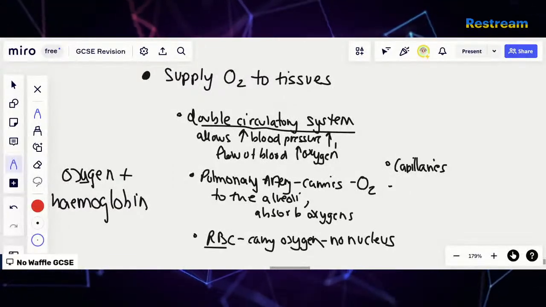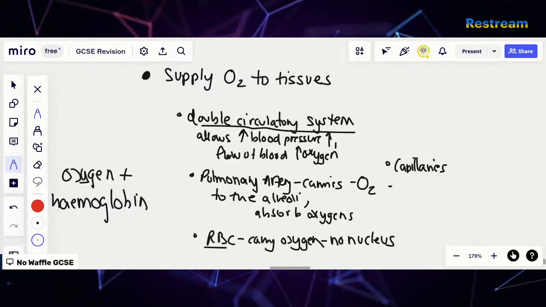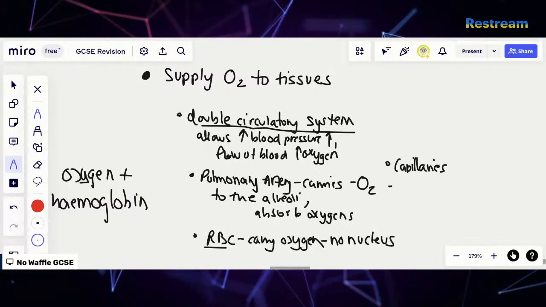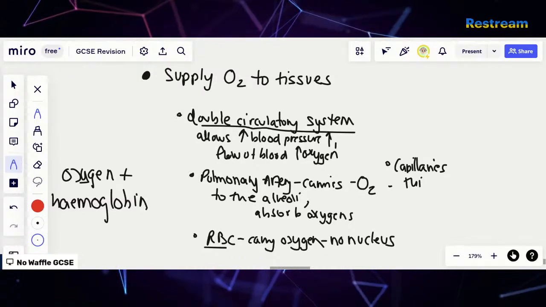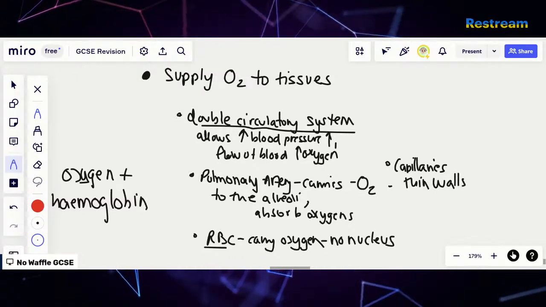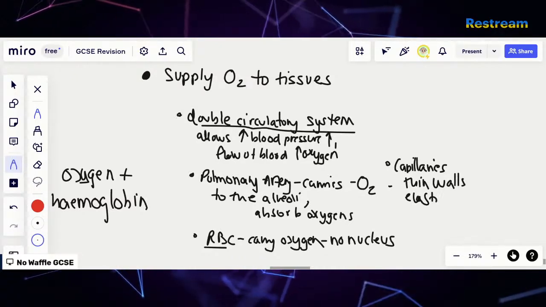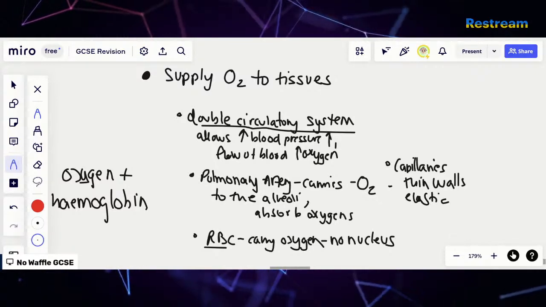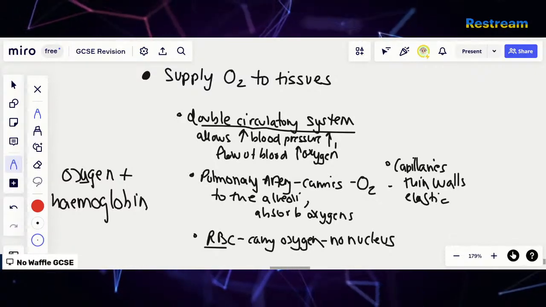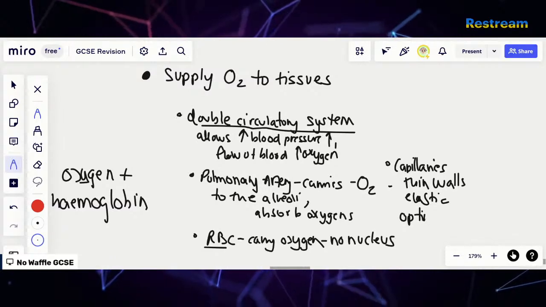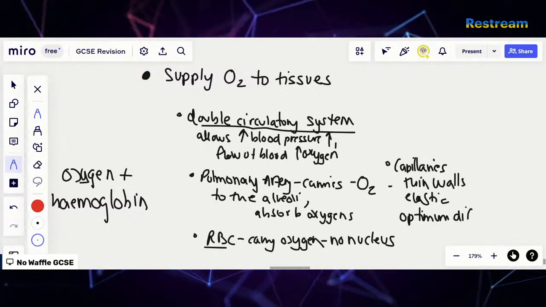But capillaries are also used for putting a lot of substances into the blood. So they have thin walls, elastic, and this allows for optimum diffusion of oxygen.